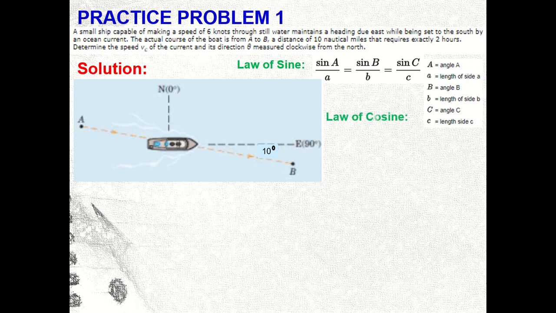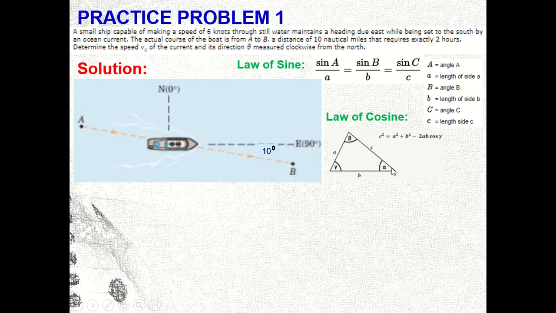Now for the law of cosines, from this illustration, we have a triangle with sides a, b, c and angles alpha, beta, gamma. To solve for c, c can be related to the two other sides and the angle between these two sides in this formula: the square of this side equals the sum of the squares of the remaining sides, minus twice the product of the remaining sides and the cosine of their included angle.